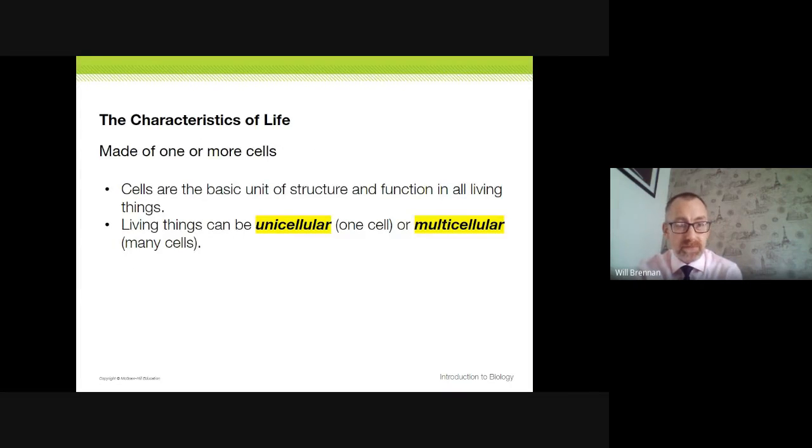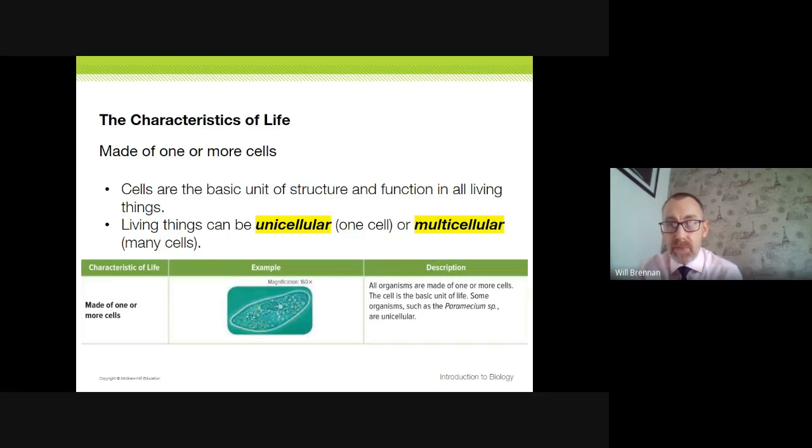So, number 1, anything that is living is made of cells. And we can divide all living things into 2 types. Either those that are unicellular, that is, they are only one cell, or multicellular, that is, they are made of many cells. If you think about different organisms, everyone knows unicellular organisms are things like bacteria or viruses.